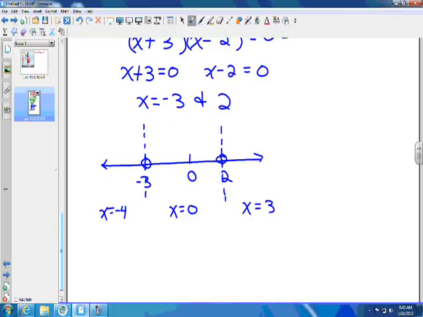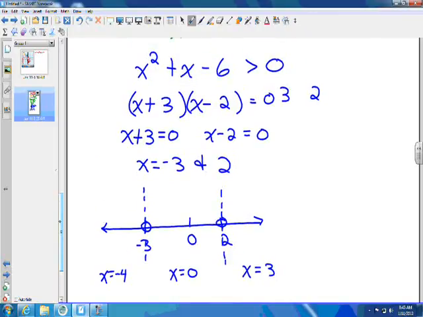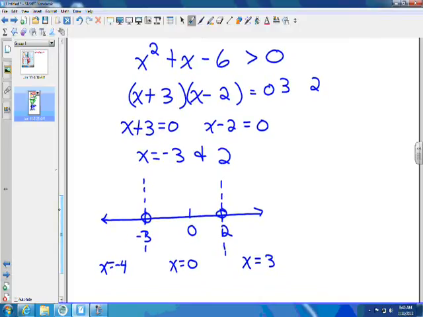And you will plug each value in up here and see which one works. Only either your left and your right will work, or the value in the middle will work in that inequality. I'll switch colors here as I plug these values in. So if we put -4 in there, we would get 16 minus 4 minus 6.